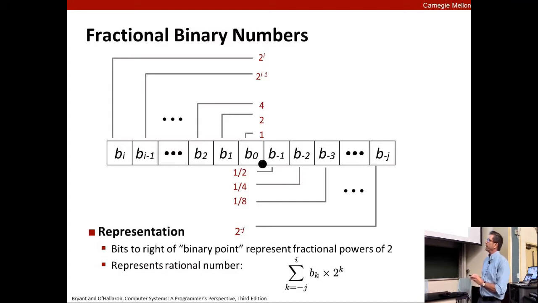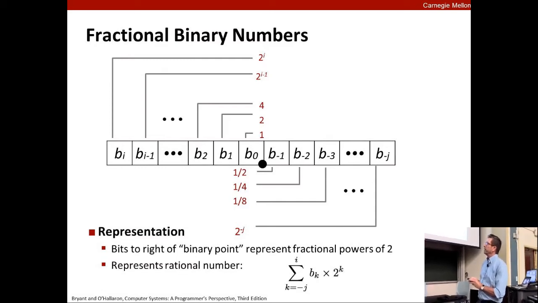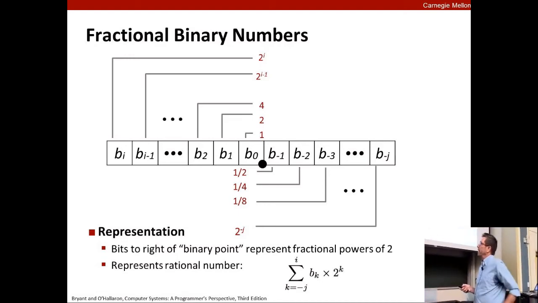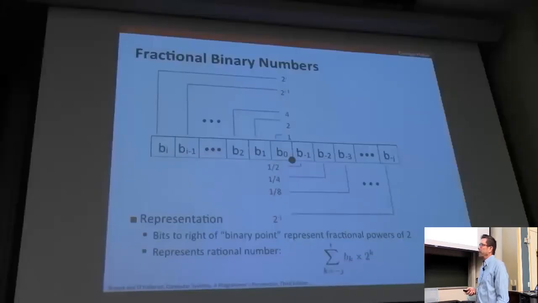And to the right of the binary point, you have 2 to the -1, 1/2, 2 to the -2, 1/4, 2 to the -3, 1/8, and so on. And so we can represent any fractional binary number using this notation, where we sum the bit at position k times 2 to the k. So it really works exactly the same way as with base 10, just with base 2.